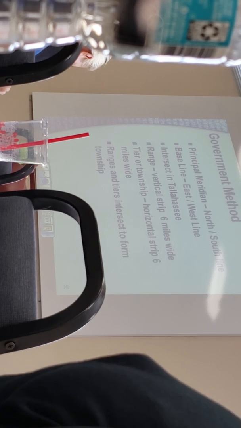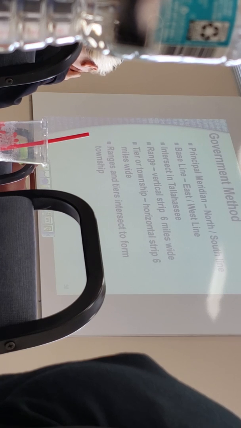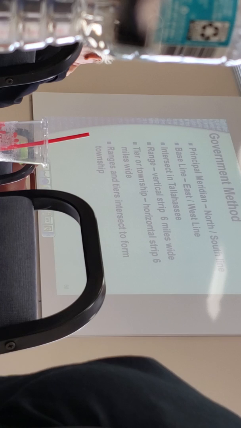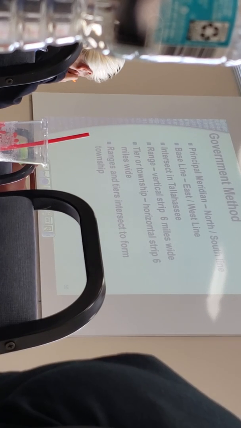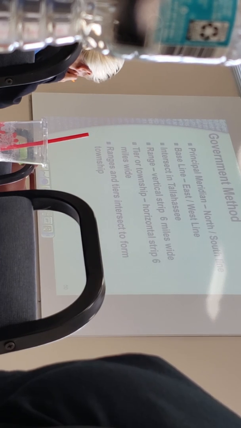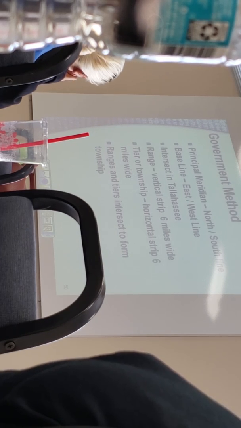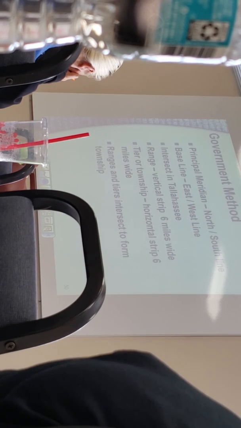So that's what the U.S. Army Corps did. They created these ranges as a result of this imaginary north-south line called the principal meridian, and all these meridians going east and west. Now they say, okay, we have these ranges. They're going to draw another imaginary east-west line.